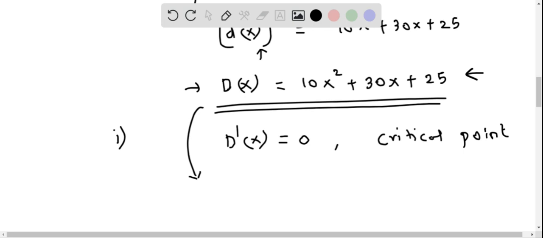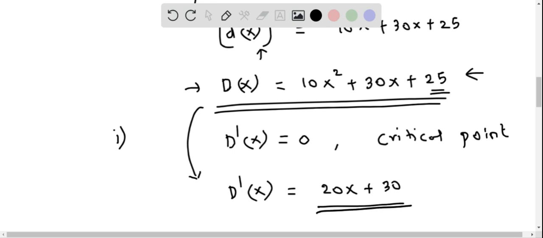Differentiation of 10x squared is, on this side it becomes d prime of x, equal to 20 times x after I apply the power rule, plus differentiation of 30x is 30 times, or differentiation of x is 1. So this is 30 times 1 is 30, and 25 is a constant, so differentiation of a constant is 0. So basically this comes out to be 20x plus 30.